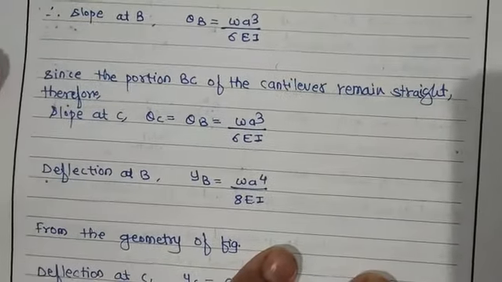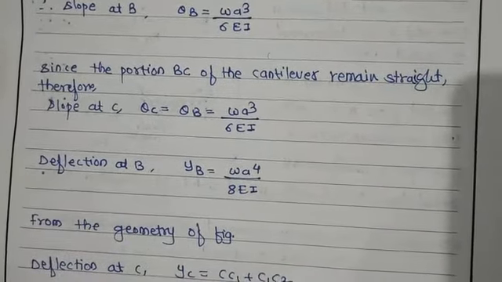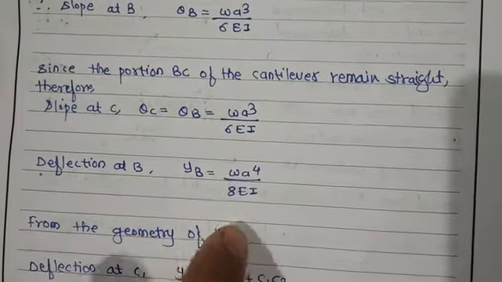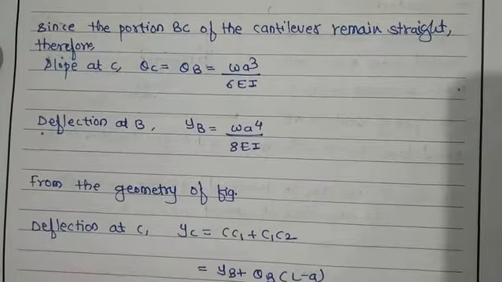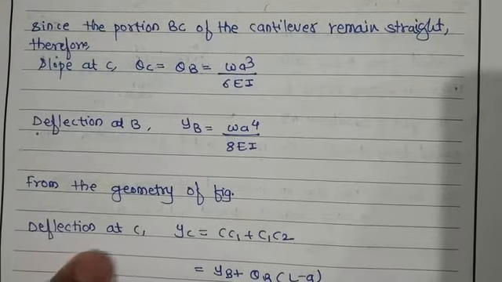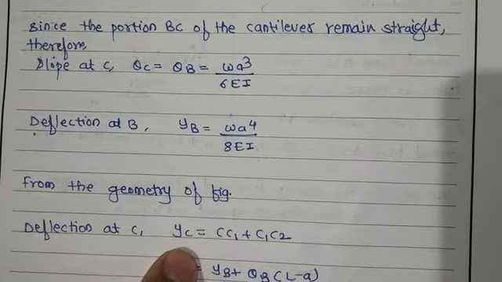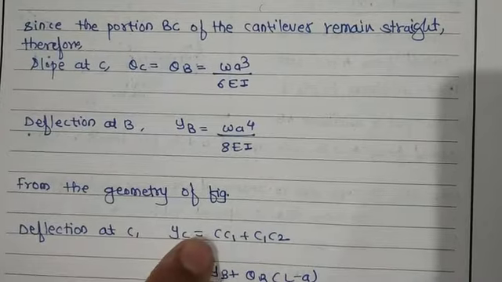Now the main thing is the deflection. Deflection at B, from the standard cases, YB is equal to W A raised to 4 divided by 8 EI. From the geometry of the figure, the deflection at C, YC, is equal to CC1 plus C1C2.